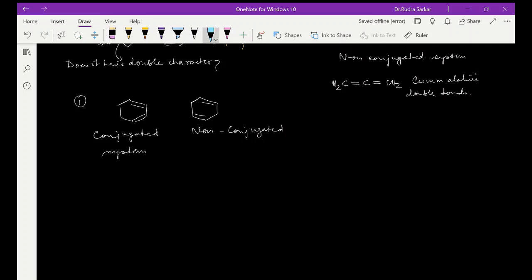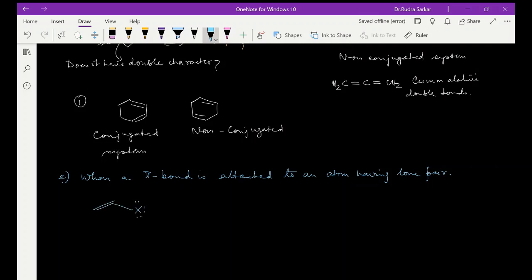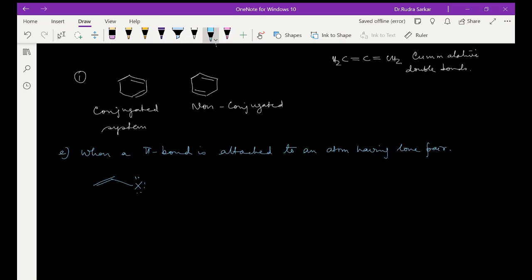Okay. Now next topic, which is E. When a pi bond is attached to an atom having lone pair, which means you have a pi electron system joined to X. Suppose the X over here is halogen and it is having a lone pair.